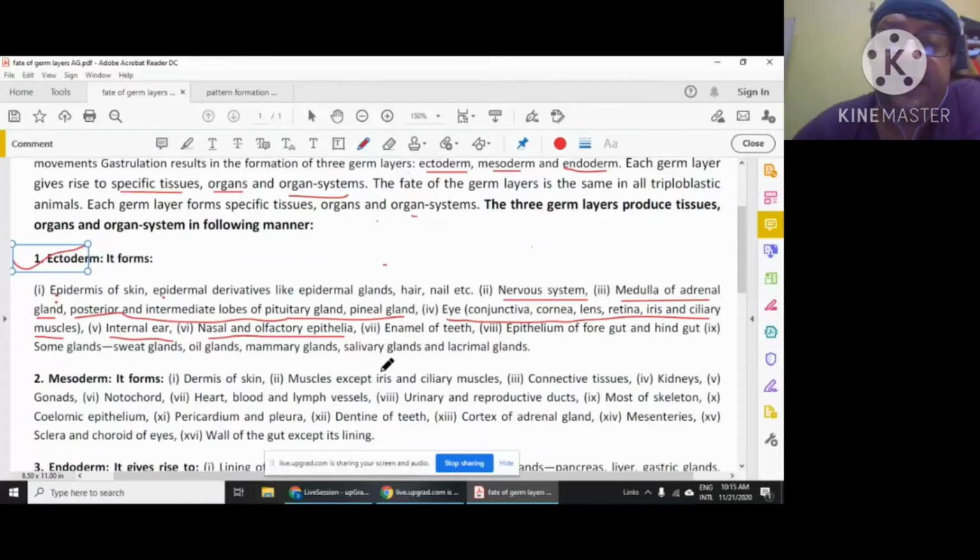The enamel of the teeth, then some glands like oil glands, mammary glands, salivary glands, and lacrimal glands. The ectoderm forms all these tissues.